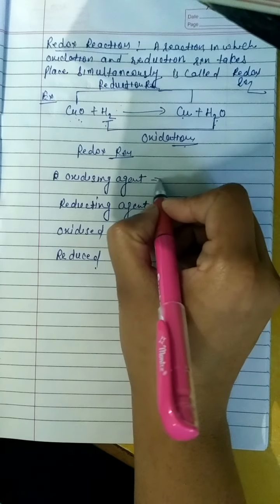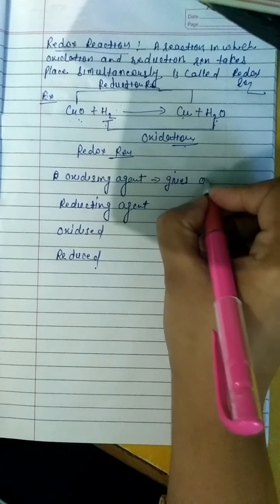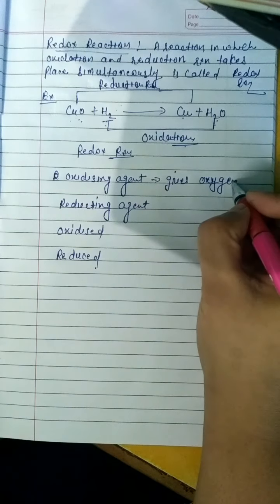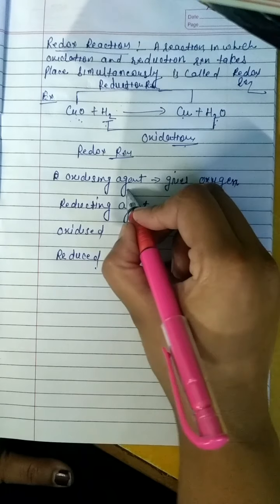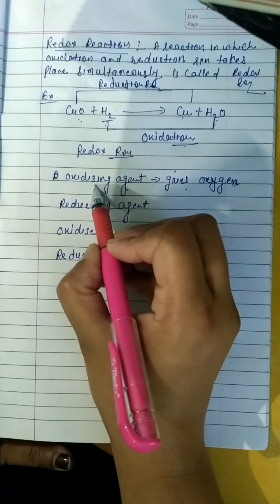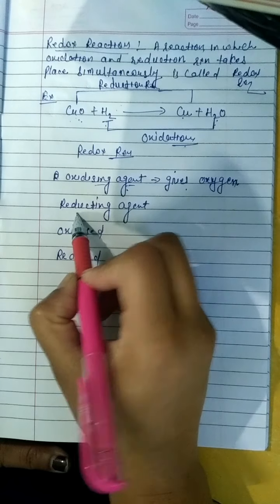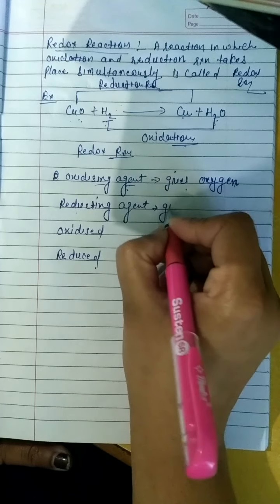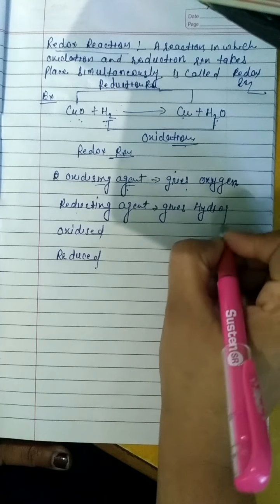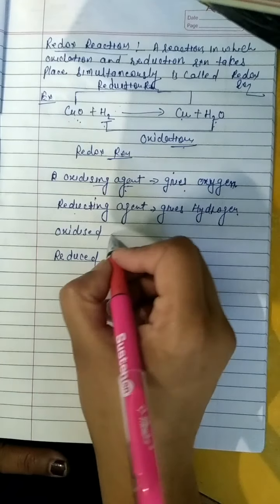Firstly, what is the oxidizing agent? That gives oxygen. That is oxidizing agent. जिसके पास ऑक्सीजन होगी वही देगा ना. Clear? So that's why it is called oxidizing agent. Second one is the reducing agent. Reducing agent is what that gives hydrogen. That is called reducing agent.